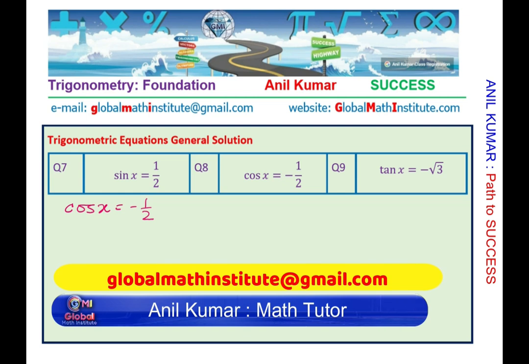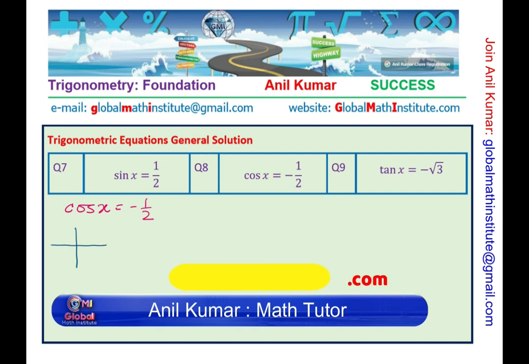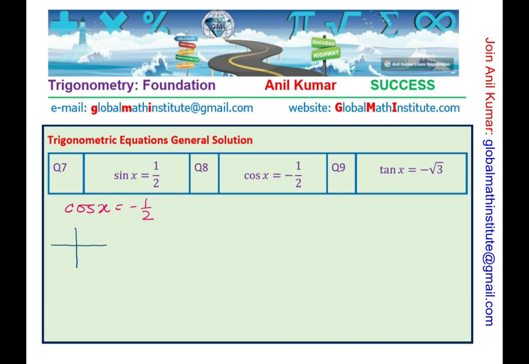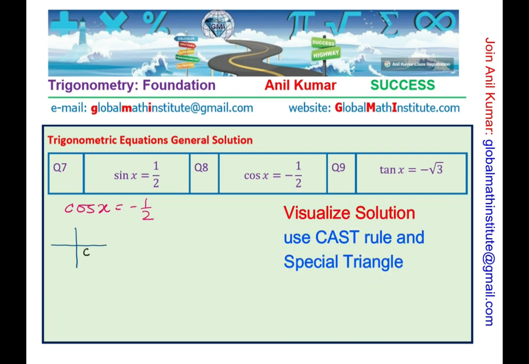Now, cos of x equals to minus half means we are looking into the coordinate plane. Again, think about the cos rule. Cos being negative means you are in quadrant 2 and 3, right? So that is where you have this value of minus half.